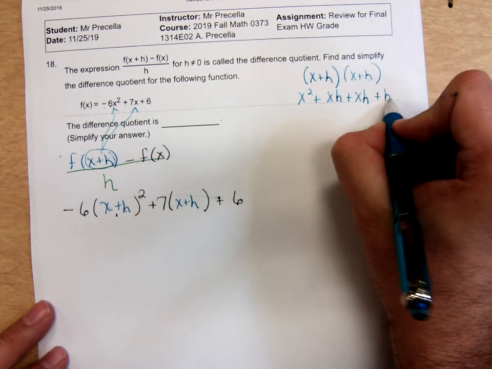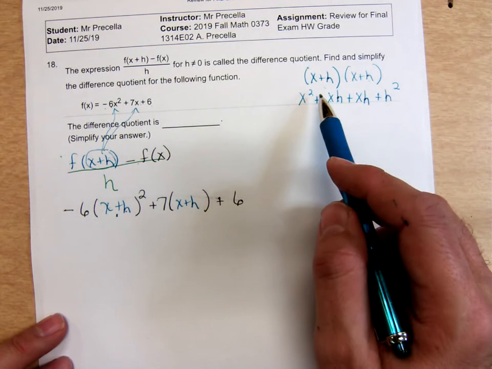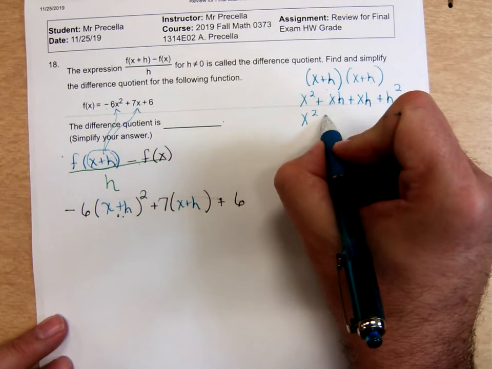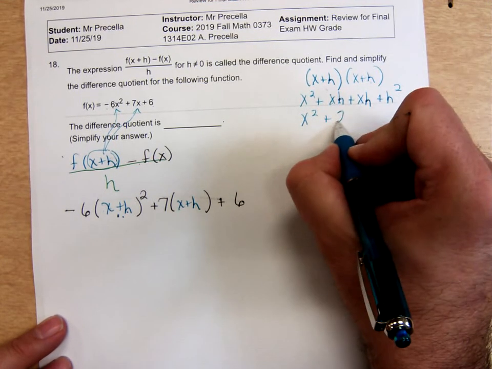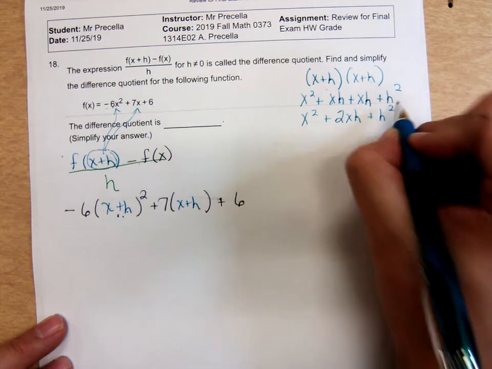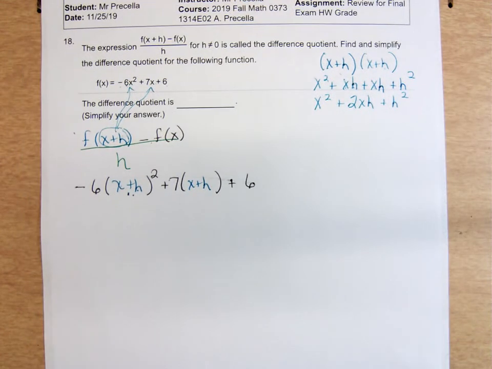I'm FOILing out the x plus h squared. So we'd have an x squared plus, I can combine the 1xh plus 1xh to get 2xh plus h squared. And now I'm going to replace this x plus h squared with all of that stuff.